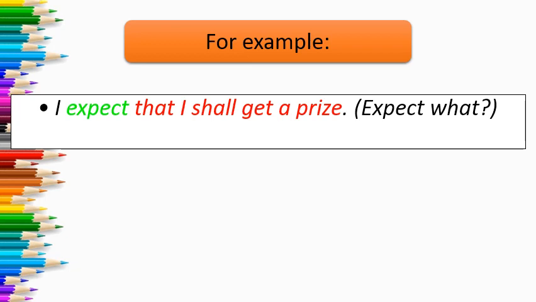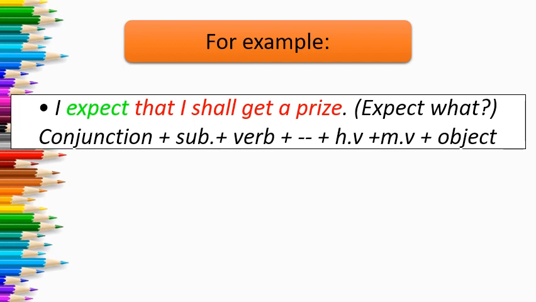So why do we need a noun clause in a sentence? Because it works as a subject or an object. Fine. So how can you recognize that it is a noun clause? A noun clause carries a conjunction. It can be relative pronoun plus its own subject, verb, plus helping verb plus main verb plus an object.